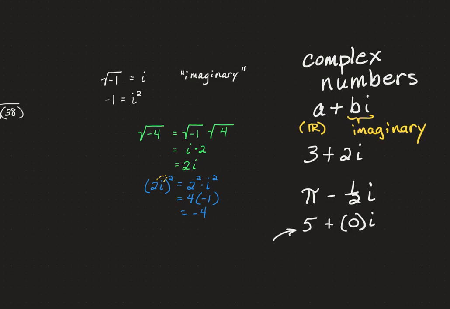Now, can you have just an imaginary number to be a complex number? Sure. If the real part is equal to 0, then the imaginary part can be anything, like pi i. Or let's make that simpler and just call it a -3.